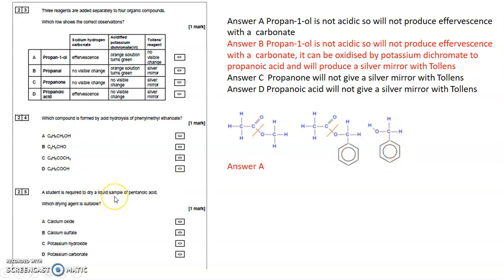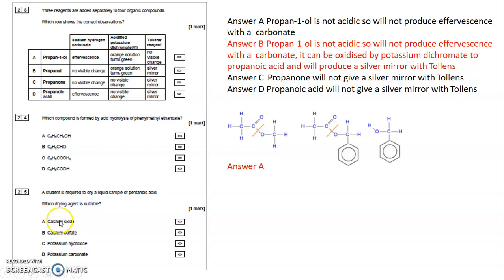The student is required to dry a liquid sample of pentanoic acid. Which drying agent is suitable? Well, calcium oxide and calcium sulfate are both good drying agents, so it's either A or B. So which is preferable? Well, metal oxides, anything on the left-hand side of the periodic table, metals in group 1 and 2, calcium oxide is a basic compound.